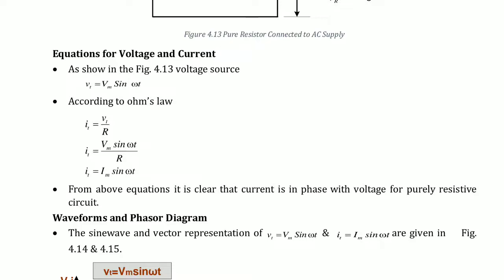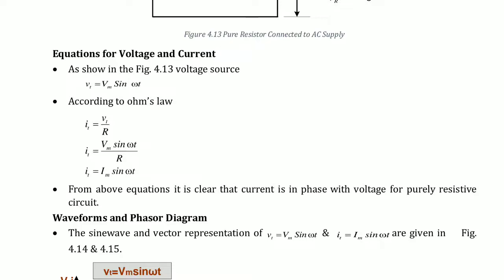Now observe these voltage and current equations. V is equal to Vm sin omega t. Current i is equal to Im sin omega t.